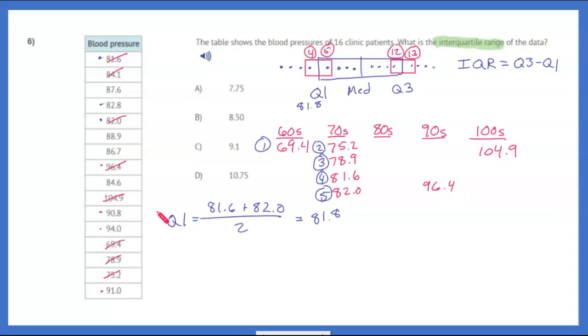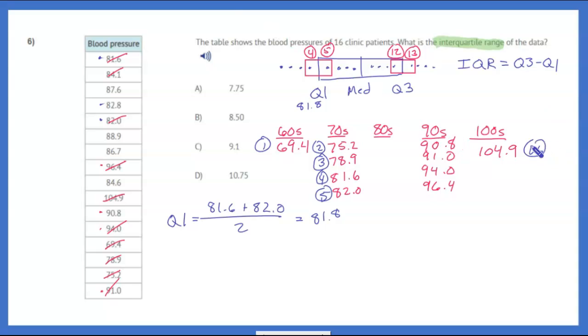Okay. Next one down is 94, it looks like. 94, 91, 94.0. Then 91.0. Then 90.8. And let's just check in and see where we are.